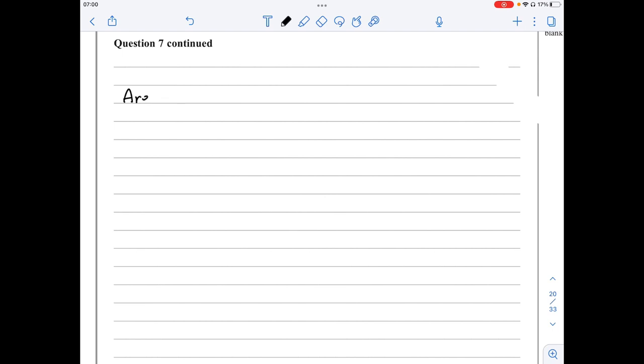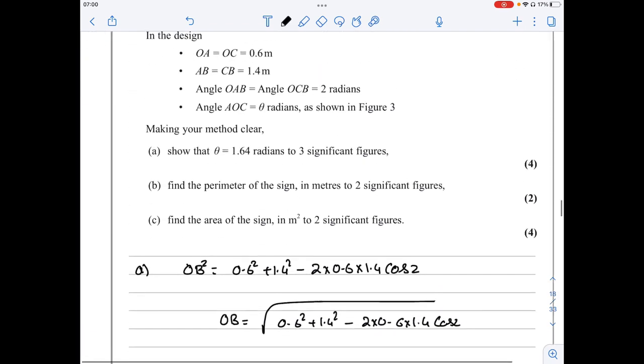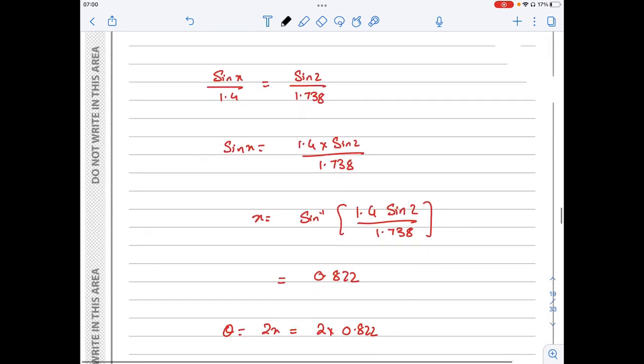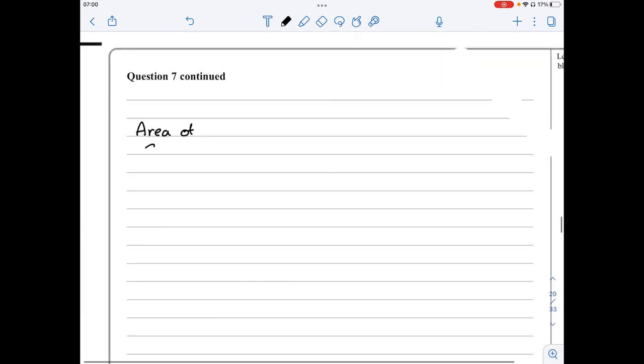Now I have to find the area of the sign. So how do I find the area of the sign? For finding the area of the sign, I am going to find the area of the circle minus the area of the sector.